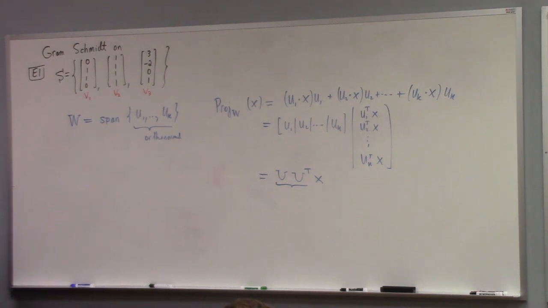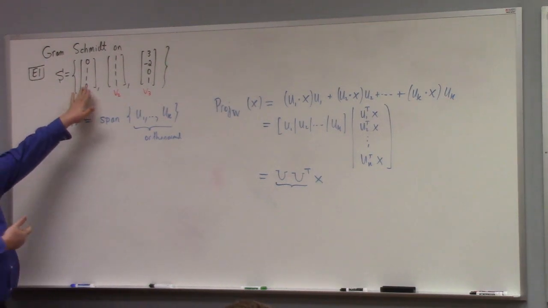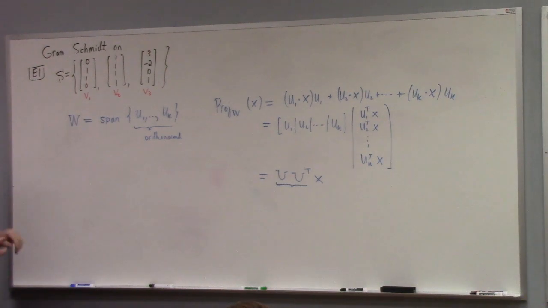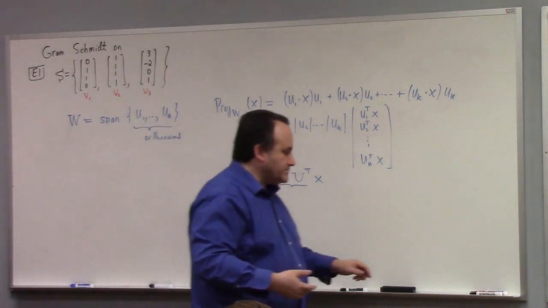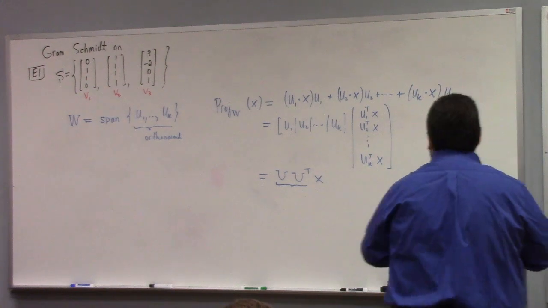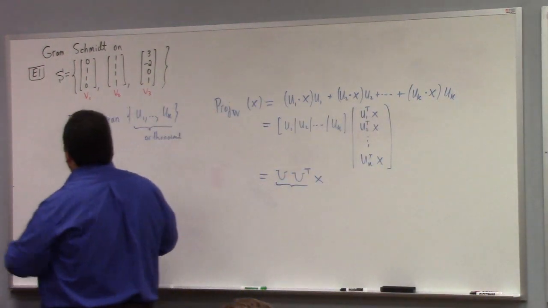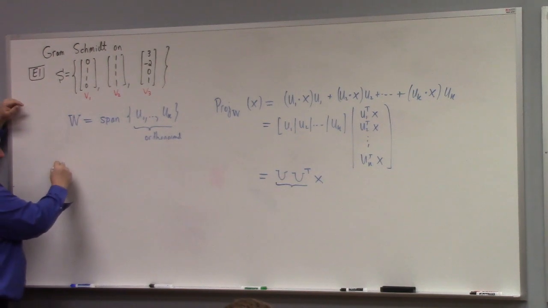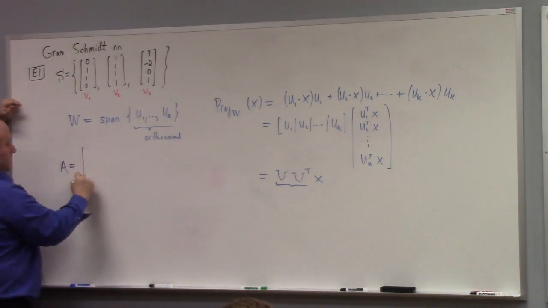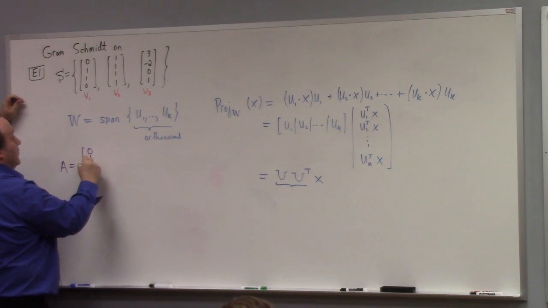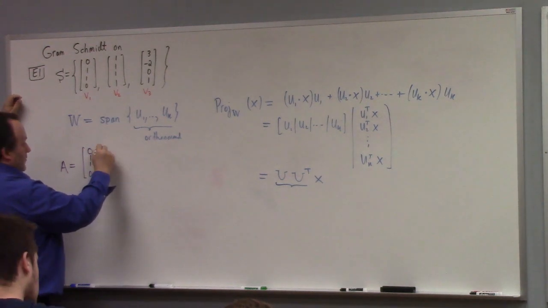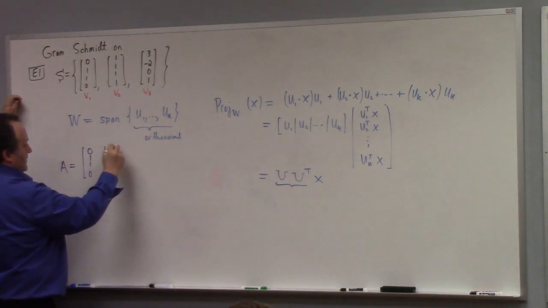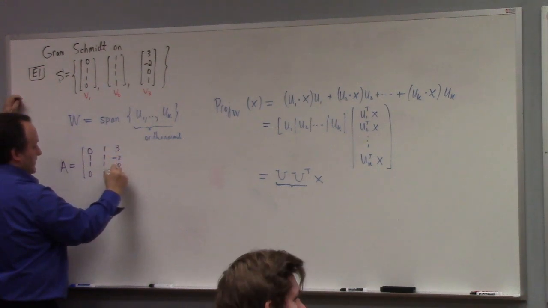Now, let's put this all together. Let's actually find the QR decomposition for the matrix that has these as its columns. Yeah, we can do that. So circling back to my example 1, we can look at the matrix A, which is equal to 0, 1, 1, 0, 1, 1, 1, 1, 3, minus 2, 0, 1, right?